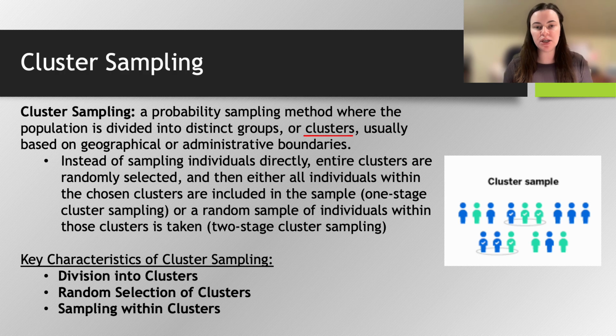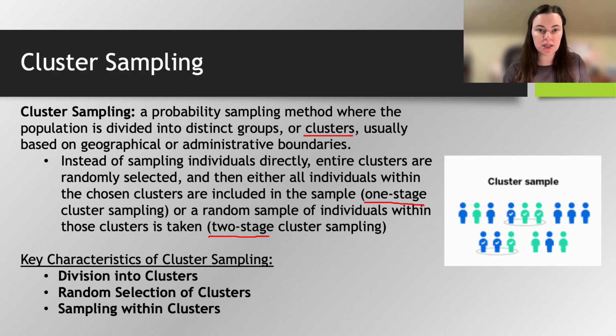So instead of sampling individuals directly, as we might within a simple random sample or even a systematic random sample, entire clusters are randomly selected, and then either all individuals within the chosen cluster are included in the sample. That's referred to as one-stage cluster sampling, or a random sample of individuals within those clusters is taken, which is known as two-stage cluster sampling.